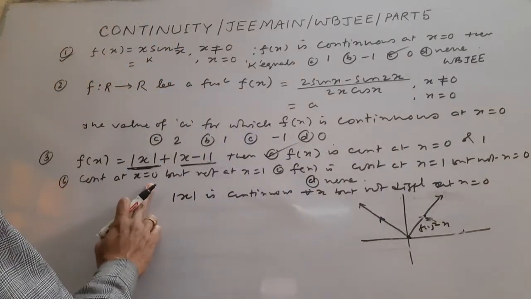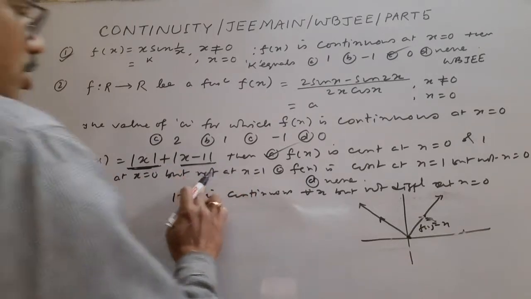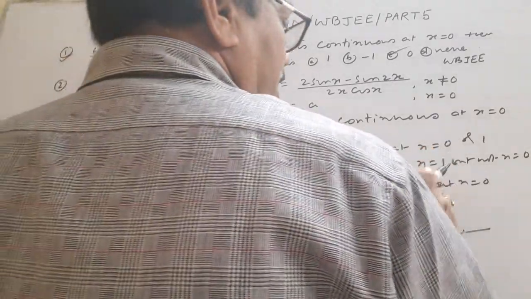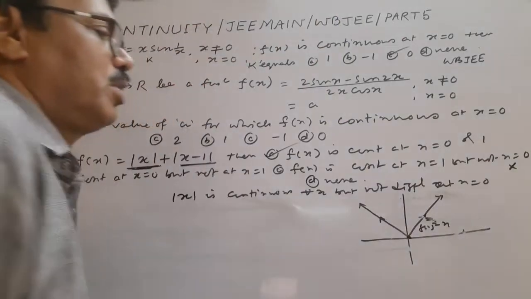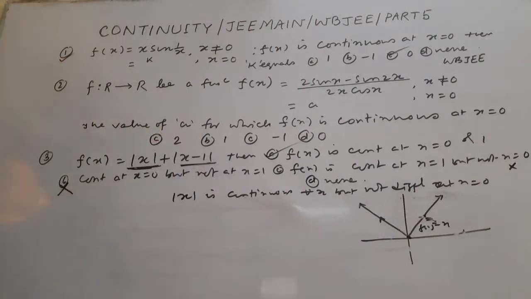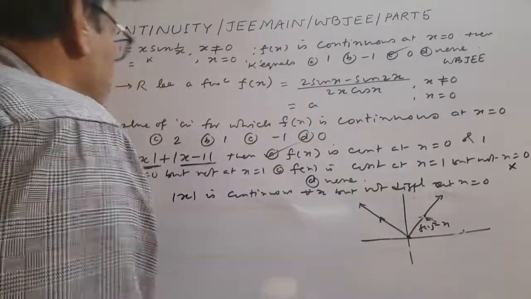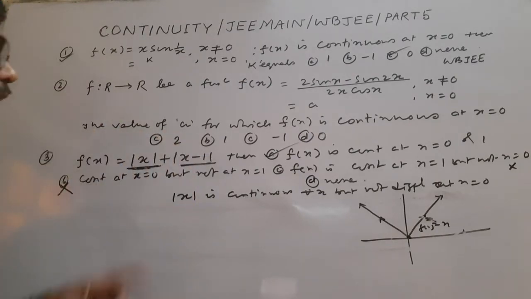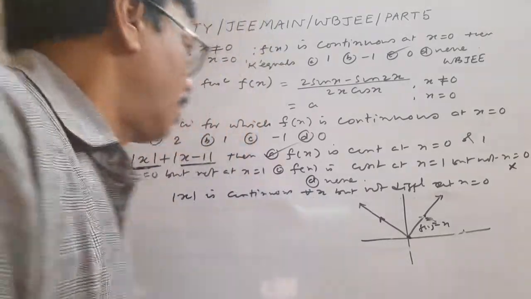Continuous at x equals 0 but not at x equals 1, this is not true because it is continuous at x equals 1 also. Continuous at x equals 1 but not at 0, this is also not true because it is continuous at x equals 0. And you remember that f(x) equals |x| plus |x minus 1| is not differentiable at x equals 0 and x equals 1.